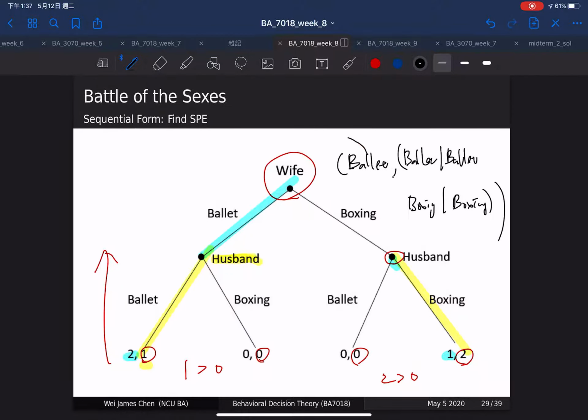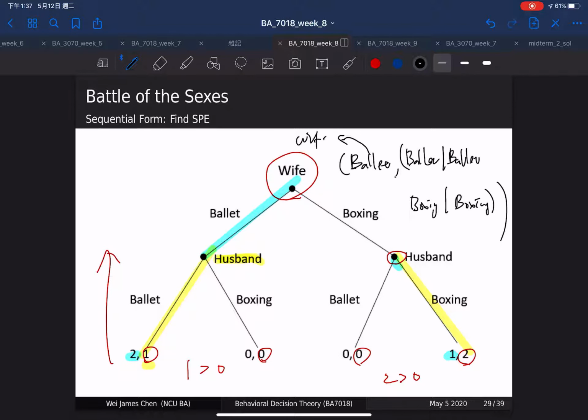This is the wife's strategy, and this is the husband's strategy. You use parentheses to group them together. But it is okay for you to write something like this.